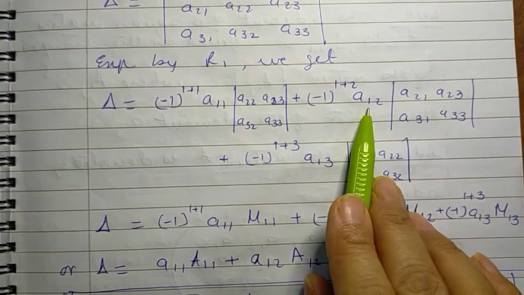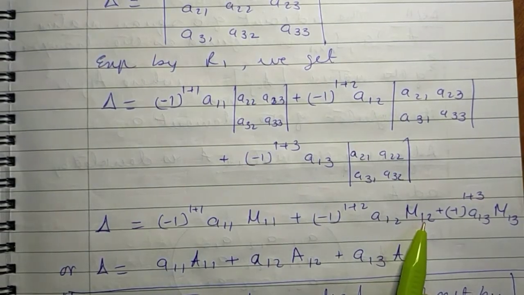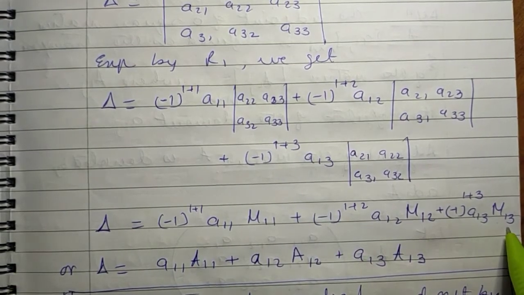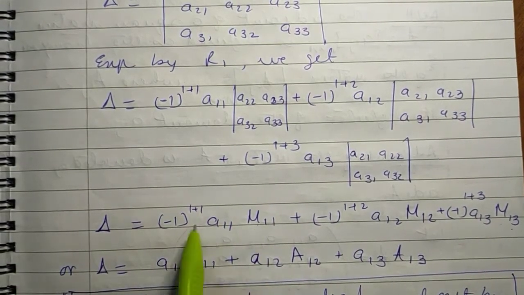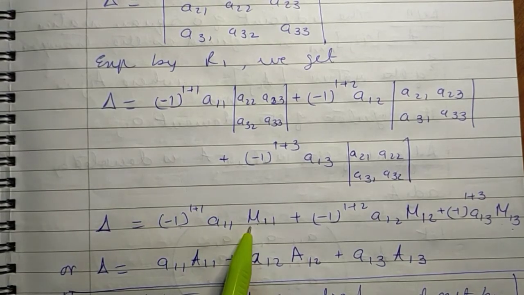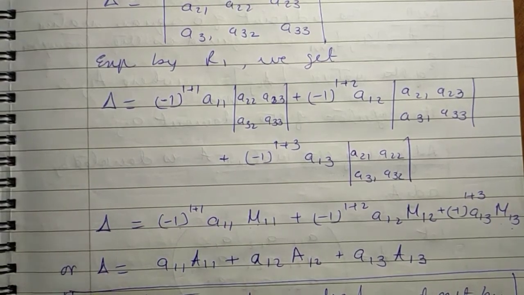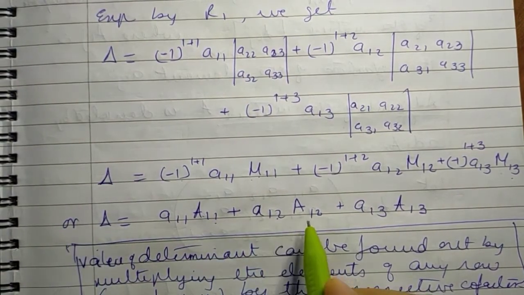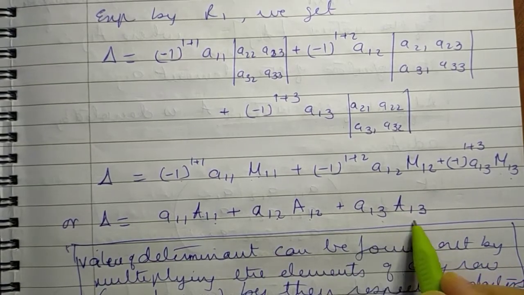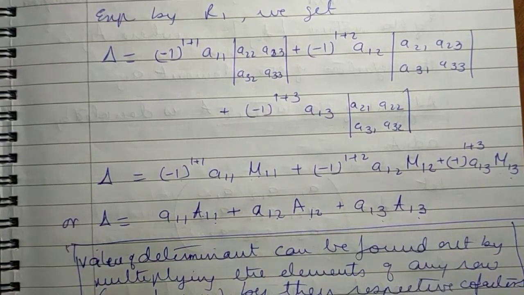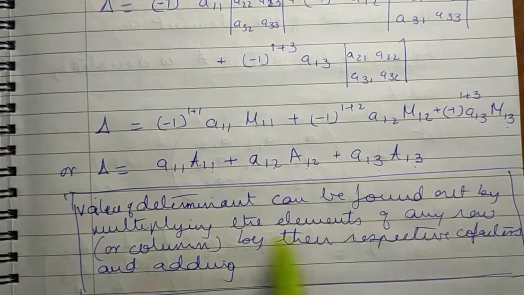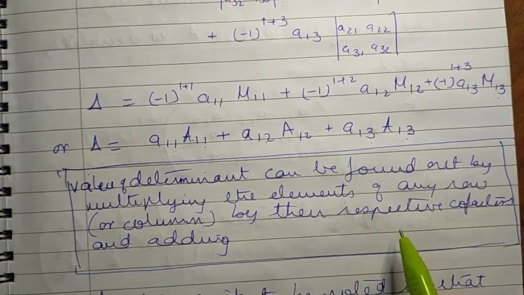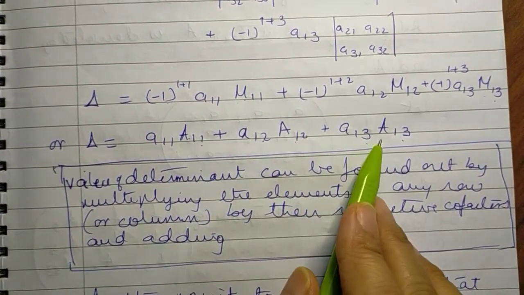Similarly, this one is the minor of this element, written as capital M12, and this one is the minor of this element, written as M13. Again, the minor with the proper sign is called the cofactor. So we can write the determinant as A11 into capital A11 plus A12 into capital A12 plus A13 into capital A13. That is, the value of a determinant can be found by multiplying the elements of any row or column by their respective cofactors and adding.